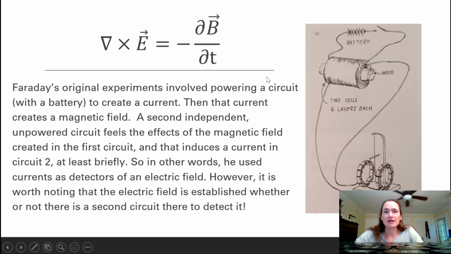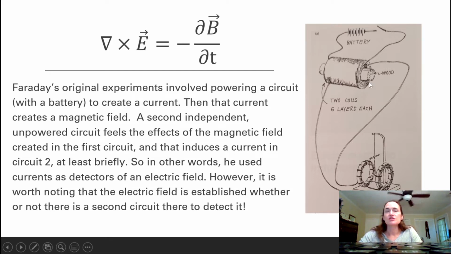His original experiment involved primary and secondary circuits or coils. The primary coil was attached to a battery and a switch. And then the secondary coil wrapped around the same center there. This is a sketch from his original lab notebooks. So the primary coil surrounded the secondary coil. The secondary coil was not attached to a battery. It was just an independent little coil all on its own.